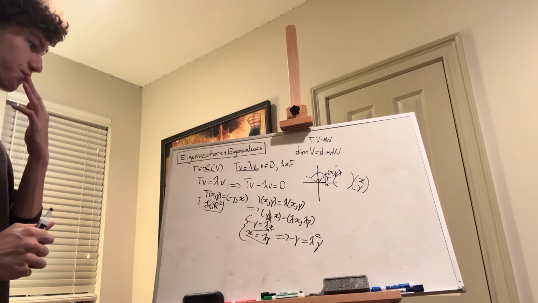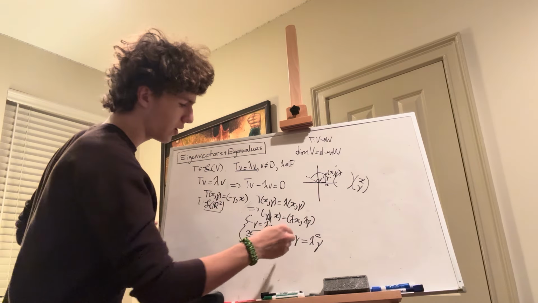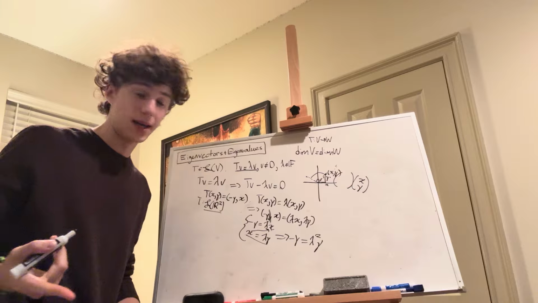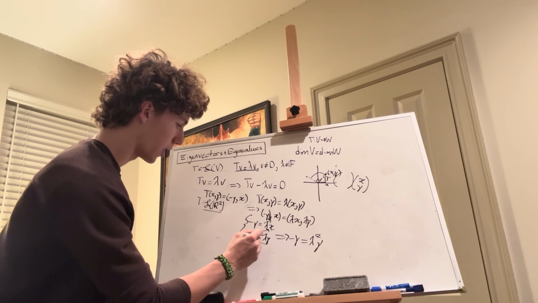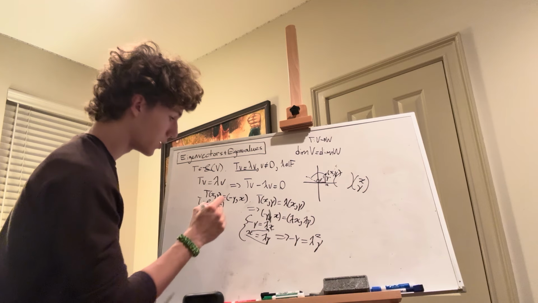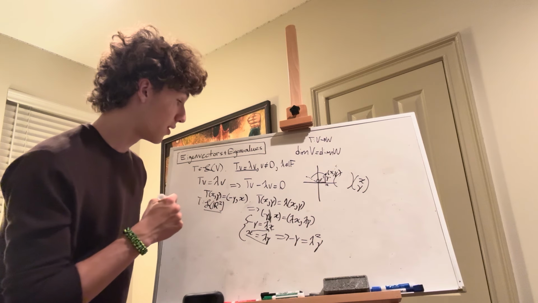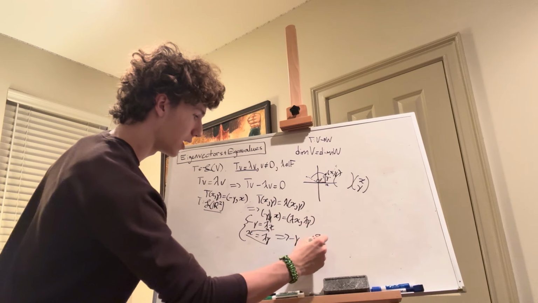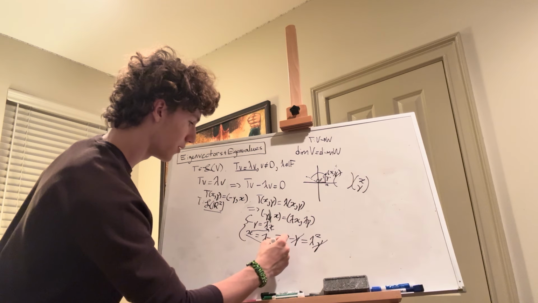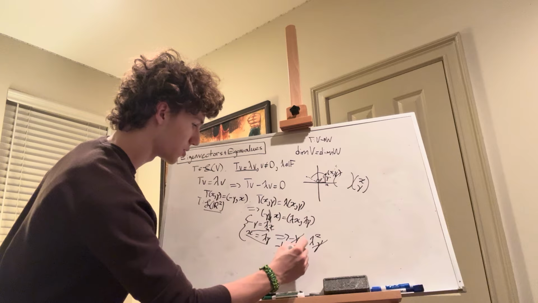Well, if I want to get rid of that y on both sides, I want to divide by it. But what if it's 0? Well, if y was 0, let's backtrack here. x is equal to lambda y, so then x would be 0 too. But that's problematic because we need v to be non-zero. So we can't have y equals 0. So we can comfortably cancel it out. So we have negative 1 equals lambda squared.